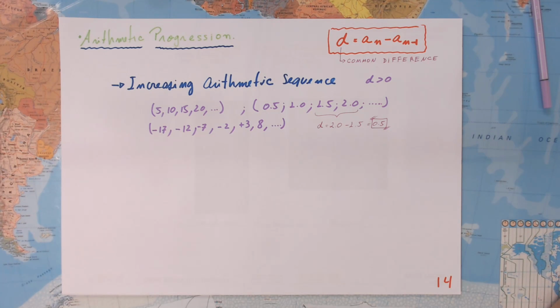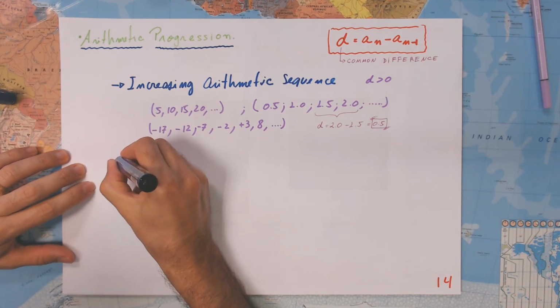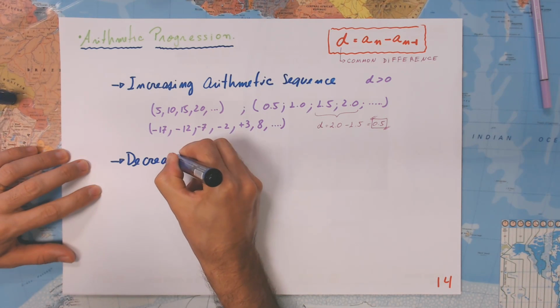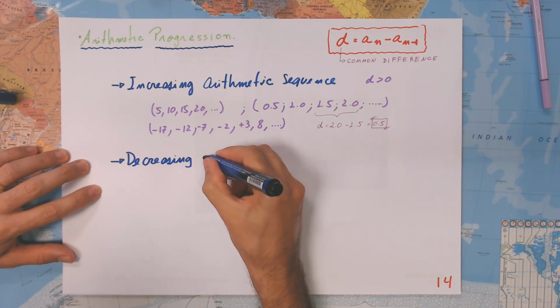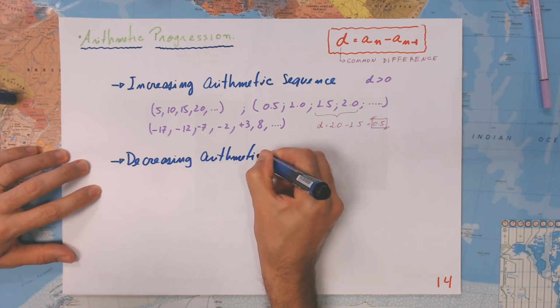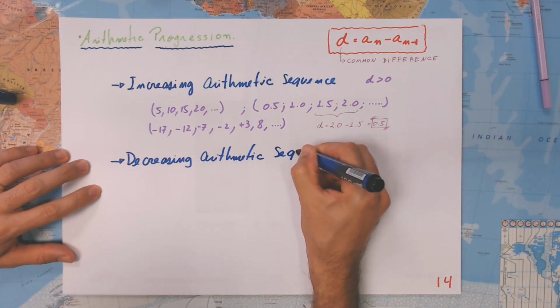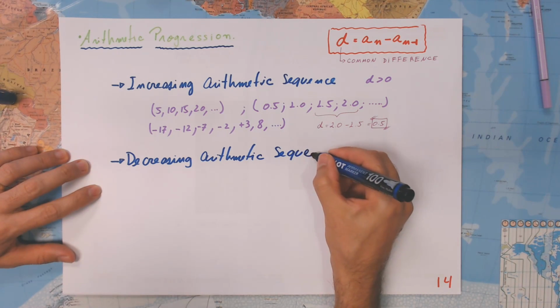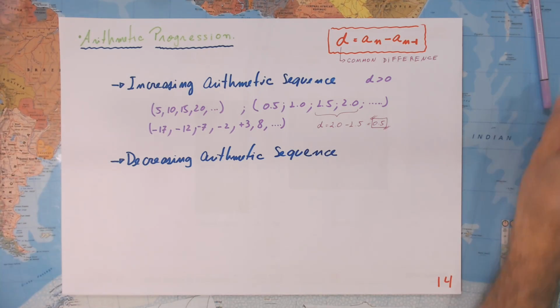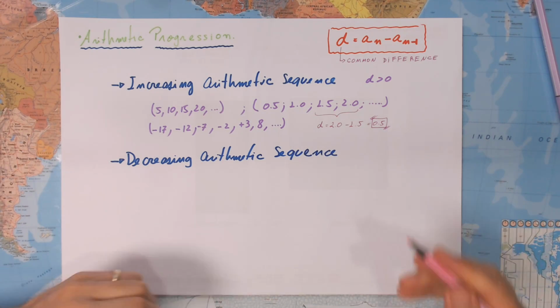What is the other case we have? The second case, we have a decreasing arithmetic sequence. And in this case, let's change color.